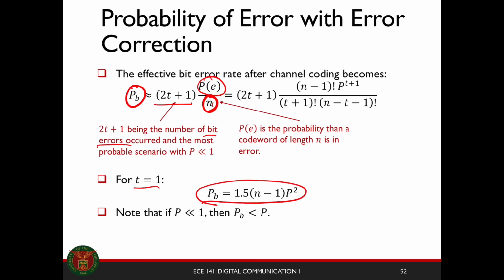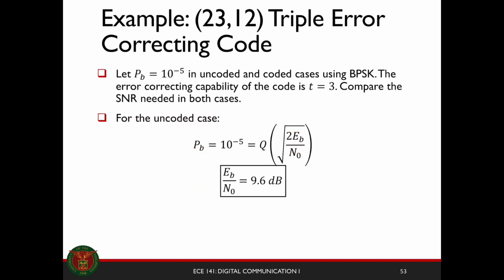Okay, so for example, we have a triple error correcting code with 23 total bits in the code word and 12 bits in the message. Let's say you want a probability of bit error of 10 to the minus 5 in your uncoded and coded cases using BPSK.